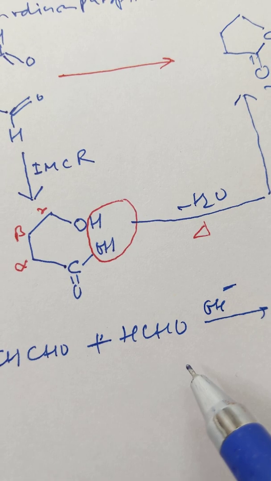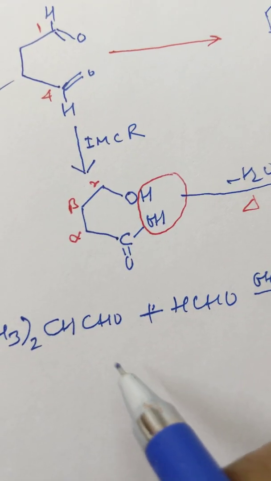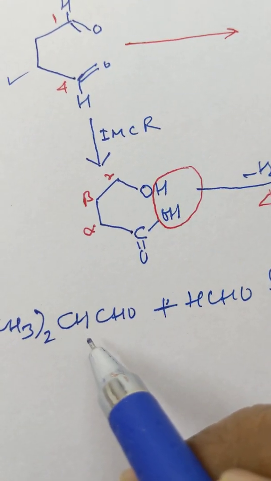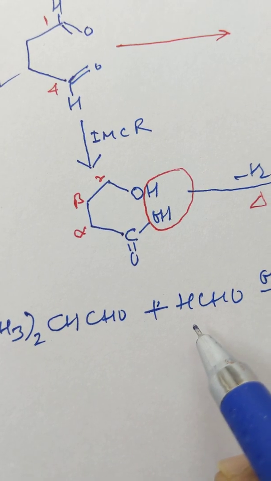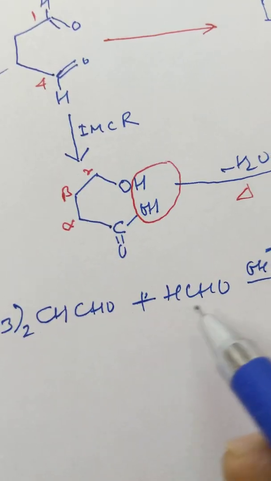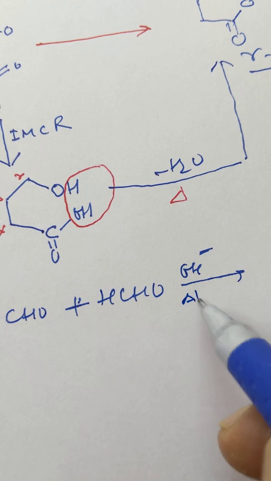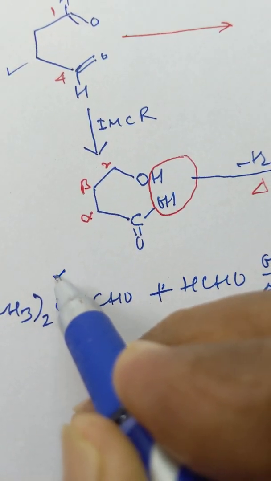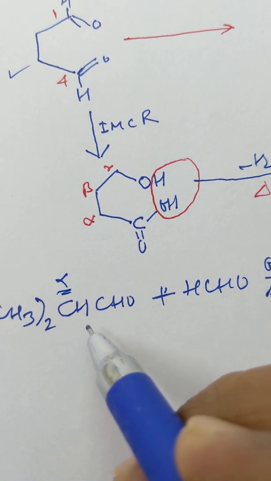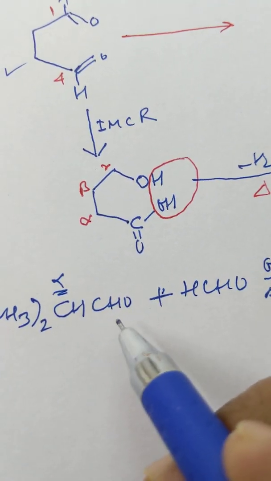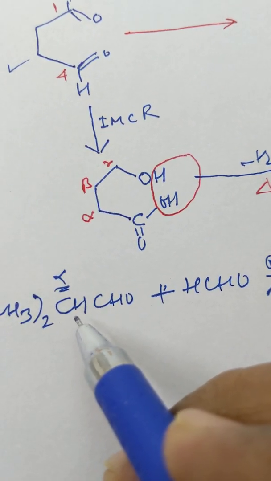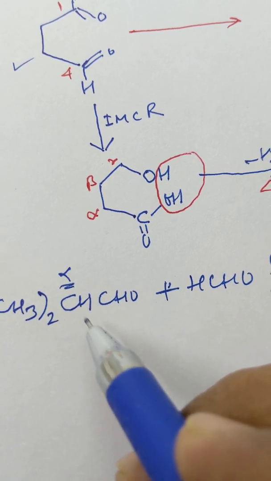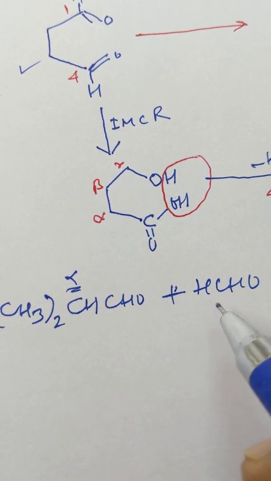In this case, first the alpha hydrogens are replaced by a CH2OH group through aldol condensation. That is, the first step will be an aldol, because it is having alpha hydrogen at the alpha position. In aldol condensation, the alpha hydrogen is replaced, CHO will remain as such, and here you will get this CH2OH when it is treated with formaldehyde.